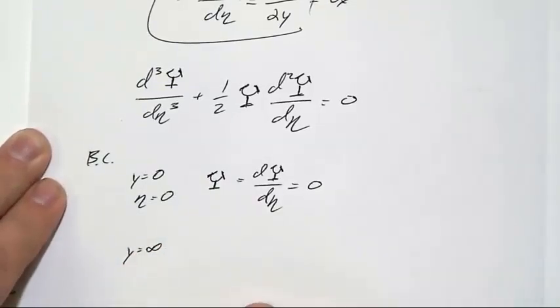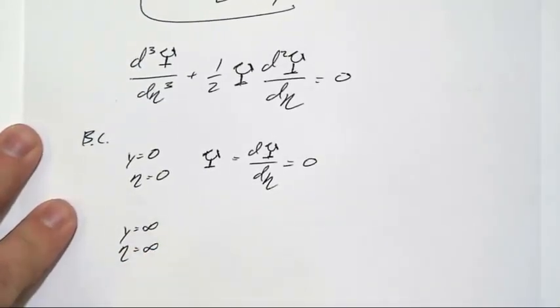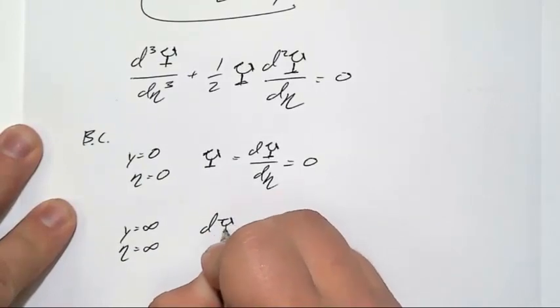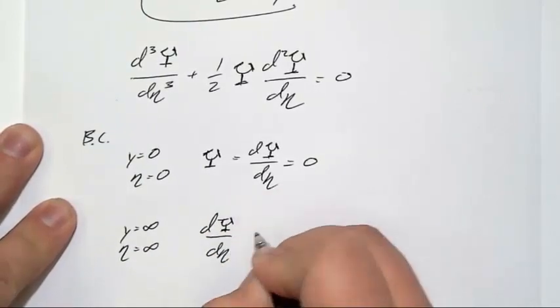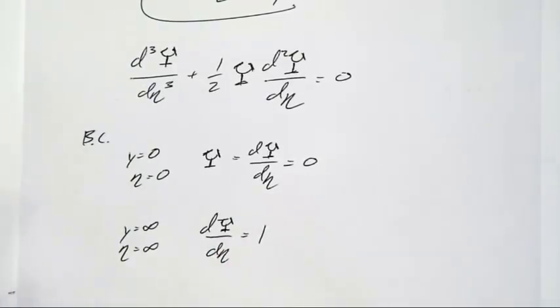And then in the case where I have y is equal to infinity, far away from the plate, nu is going to be equal to infinity. The derivative of my modified stream function is going to be equal to 1.